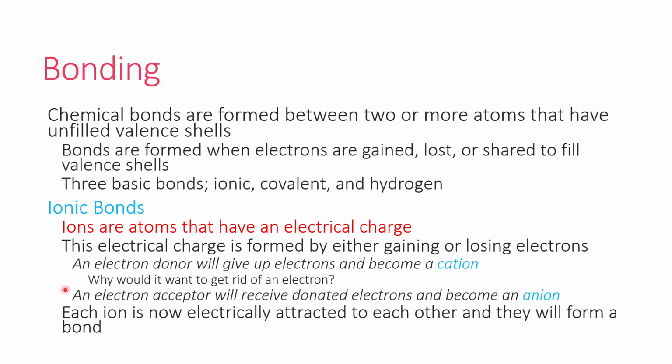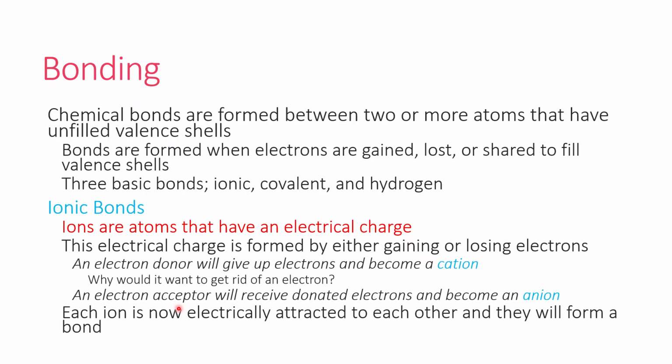An electron donor, somebody who gives up an electron, is positively charged and is known as a cation. A positively charged ion is a cation. An electron acceptor, an atom that receives one of these donated electrons, has a negative charge and is called an anion.